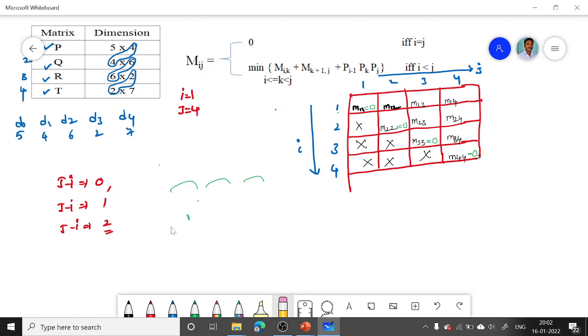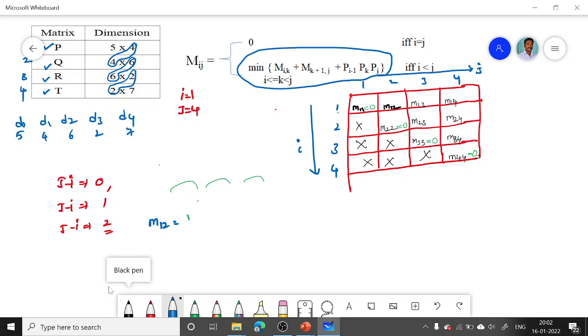M of 1, 2 we are calculating. When we are calculating M of 1, 2, according to this formula, what does it become? Minimum of K possibility.